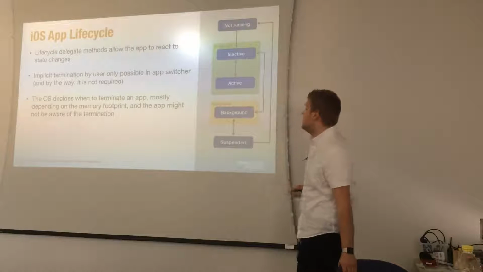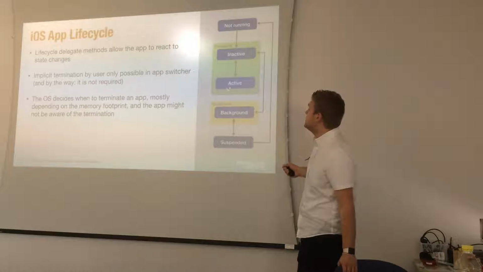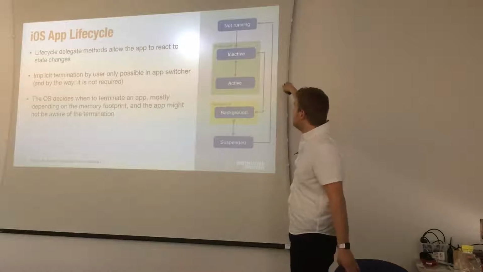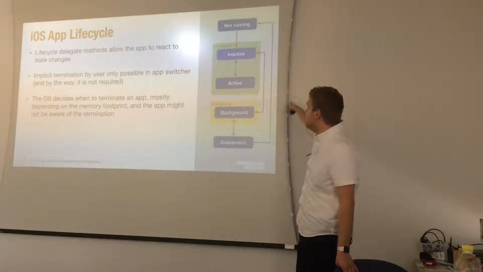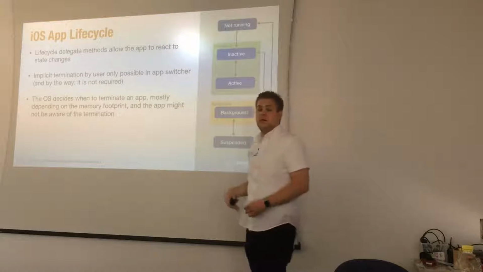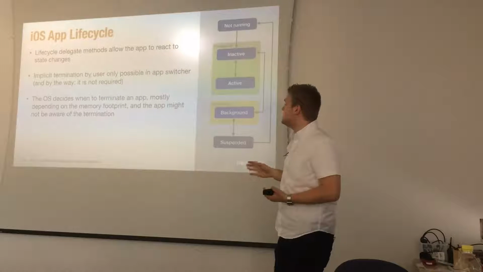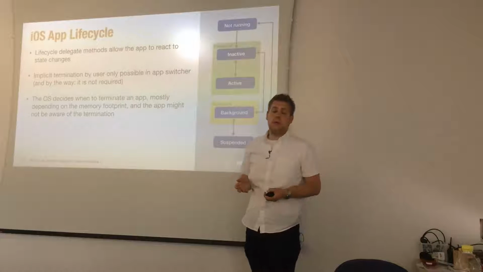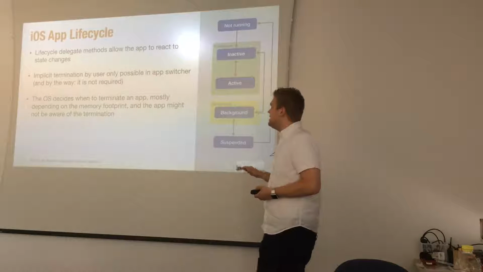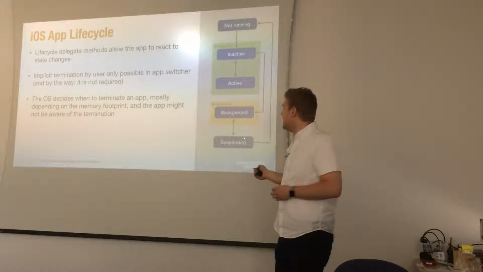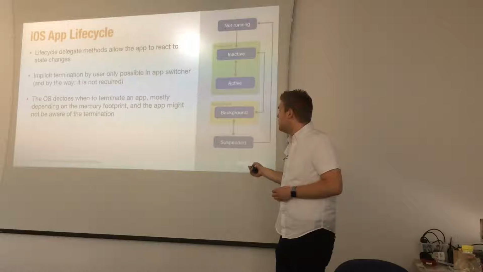Now what happens is the user presses the home button and we switch into the background mode. This is the last transition that we know about as an app. So now the app is in the background, and if the OS now decides it needs more memory, it will just terminate you and wipe you from the memory. And you won't be called between background and suspended.